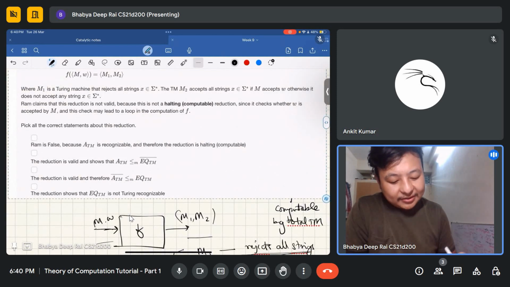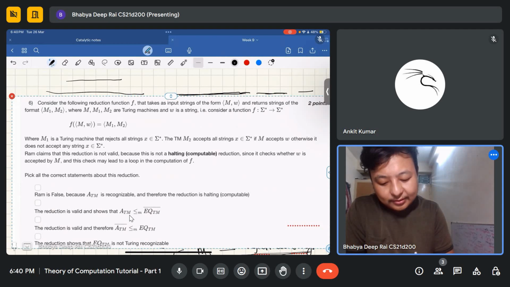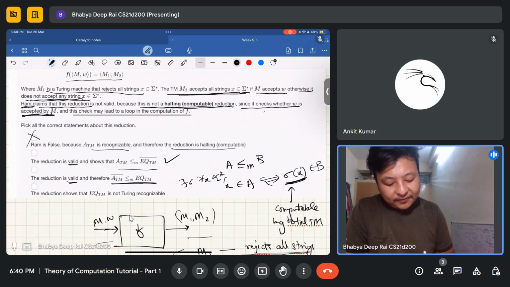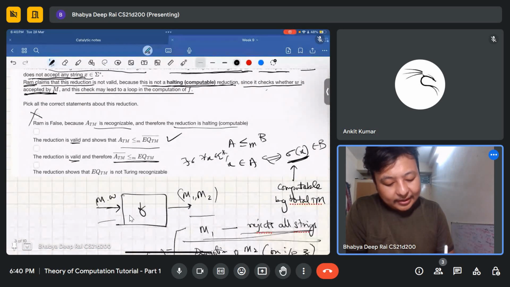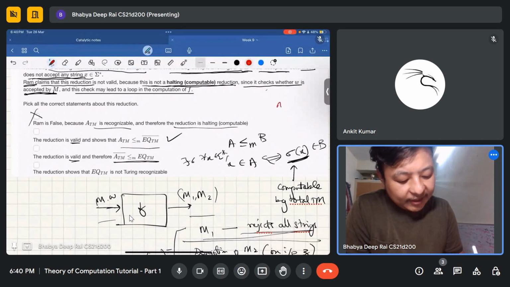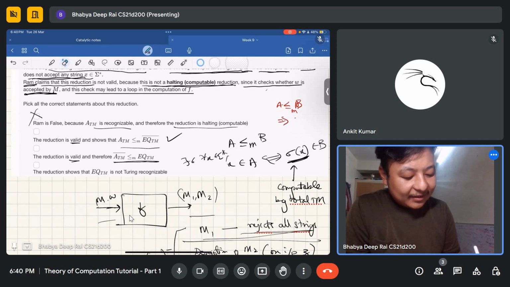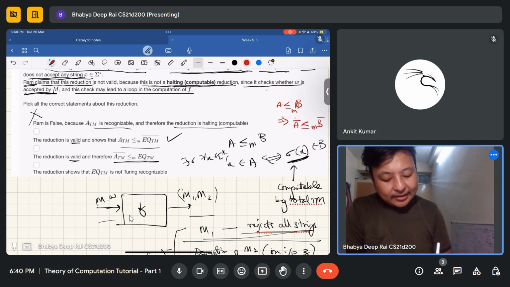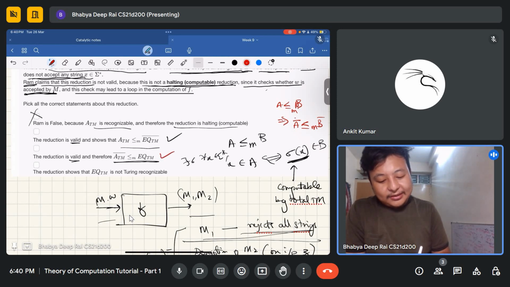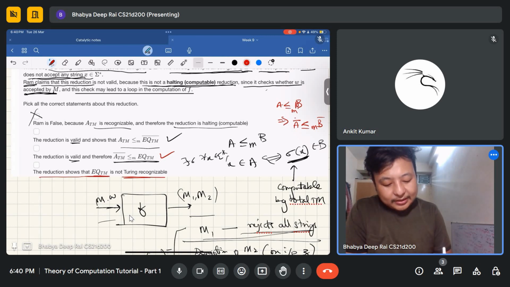Now I've mentioned before that if A reduces to B, then A bar also reduces to B bar. So just complementing both sides is always valid in a reduction. This is also true. And this reduction shows that EQTM is not Turing recognizable.